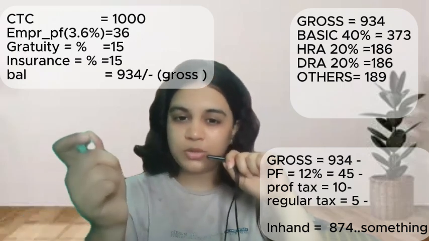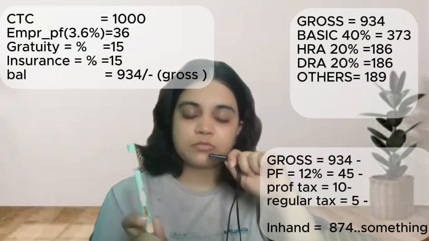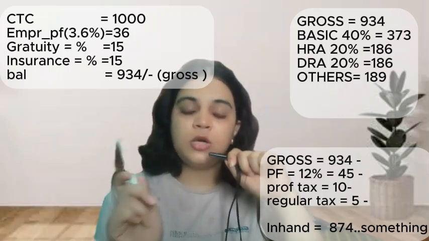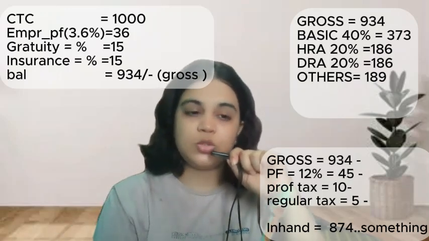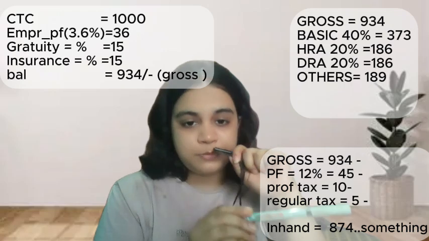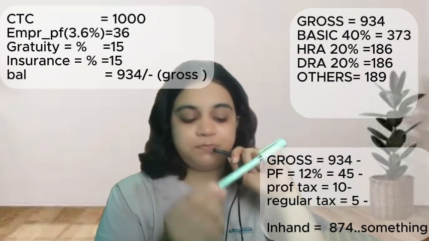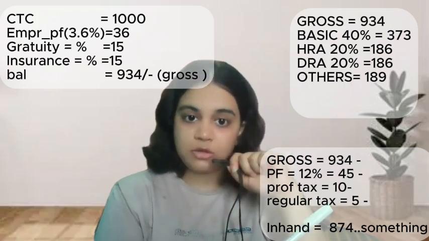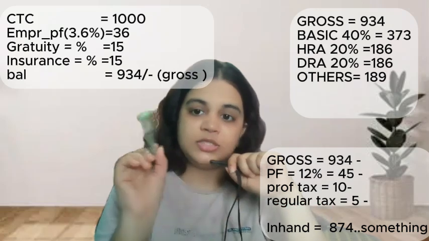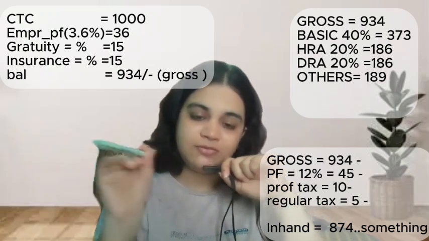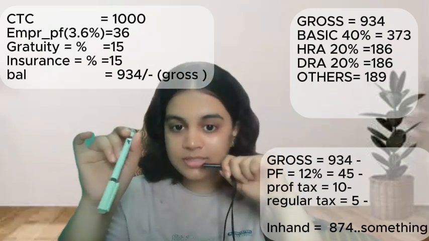If you add that up, you'll get the gross salary. And now from this, we're going to remove the tax portions, which are your professional tax, the PF, as well as the normal tax. Once you remove all of this, the amount that is left will be your in-hand salary.